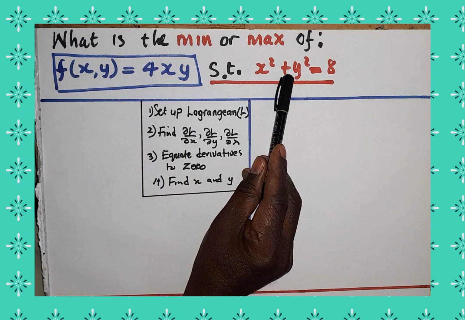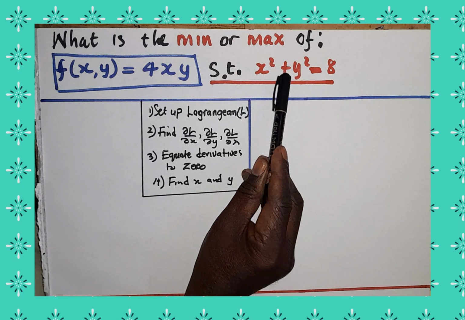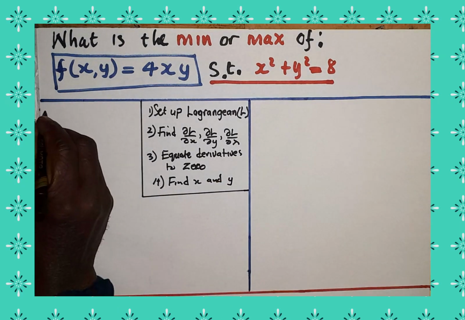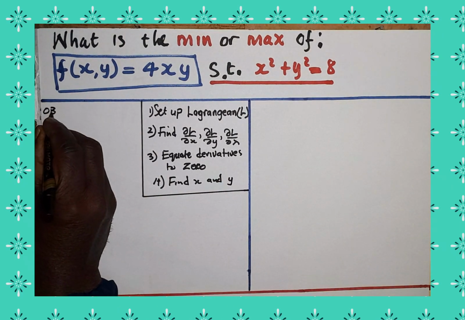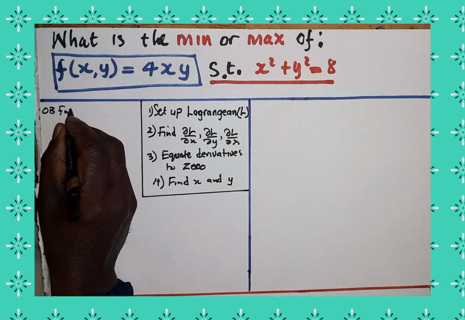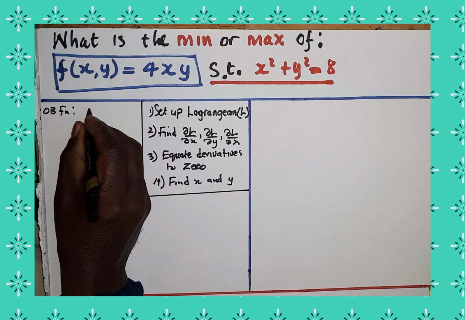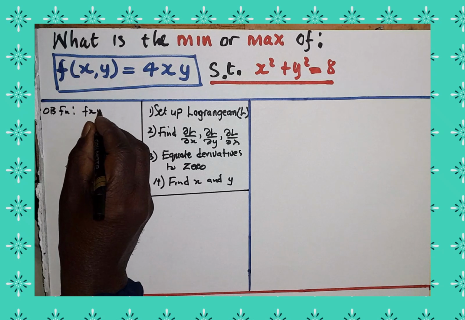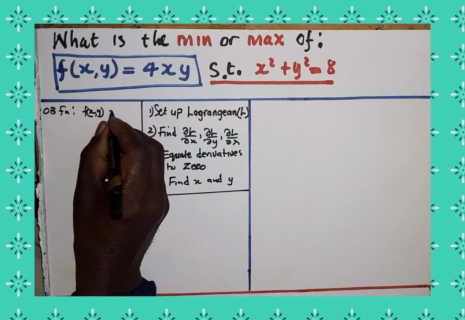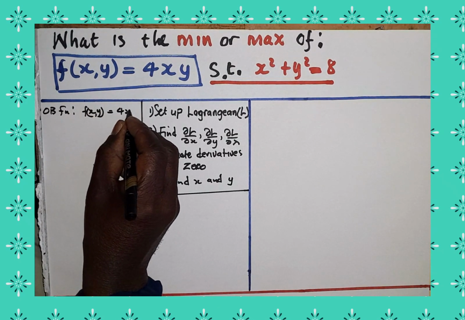Now, this function here, which we want to optimize, is called the objective function. And this function here is the constraint. So we have our objective function, the function f of xy is equal to 4xy.